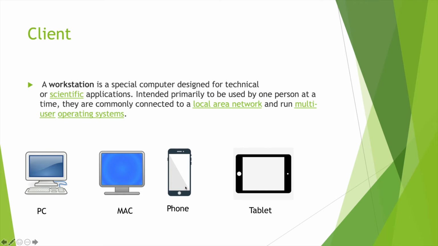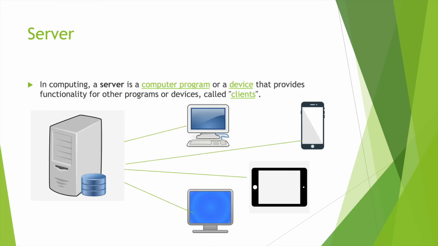So let's just talk about what exactly the server is. By definition, a server is a computer program or a device which has more resources, and that exactly serves a purpose or sends the information or provides the information to the devices which are called clients.